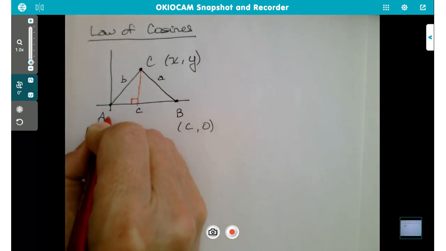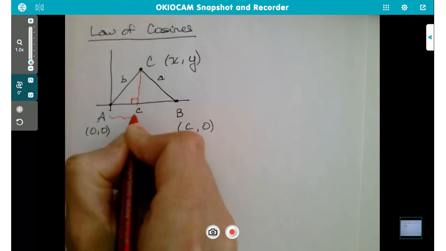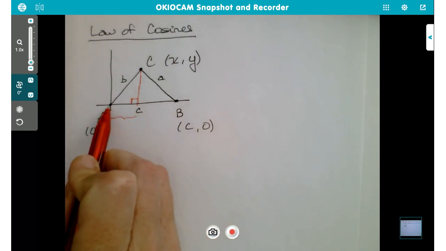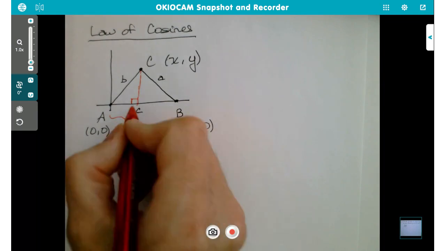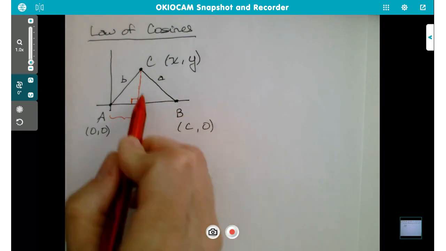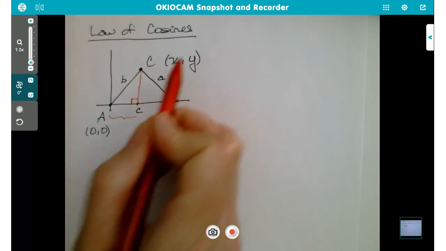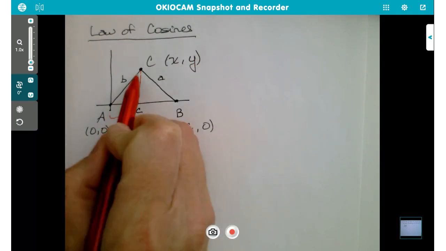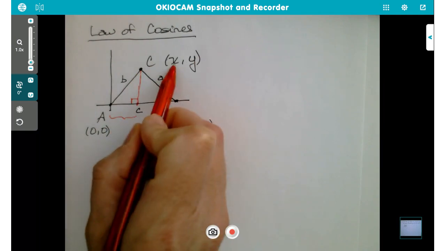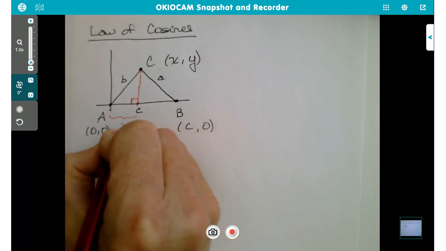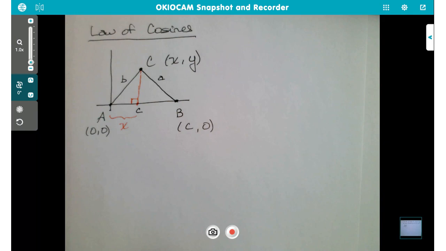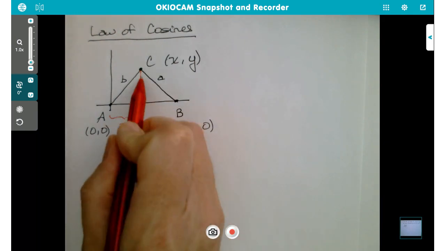This distance, starting at the origin at point A and going to where my altitude hits the x-axis, well, that's a point directly underneath this point, x comma y. So this distance must be whatever the x-coordinate of point C is. That would be x.